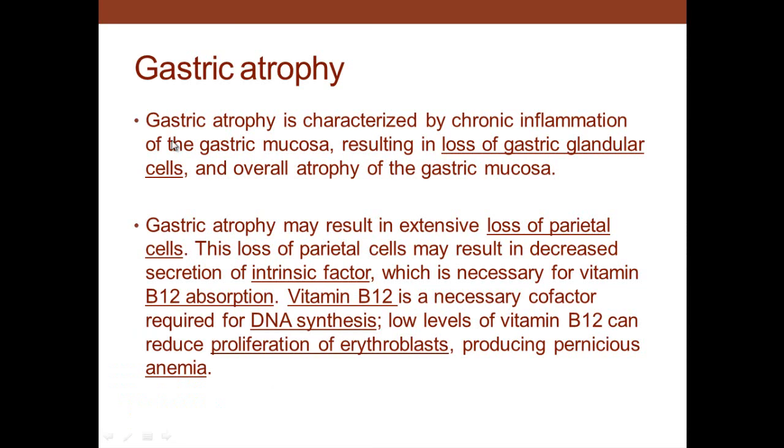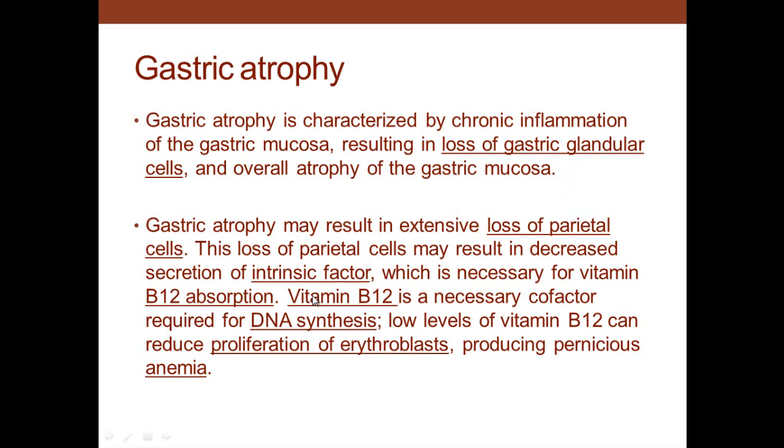However, if you have gastric atrophy, maybe caused by chronic inflammation, you get loss of the gastric glandular cells, and that may lead to loss of parietal cells, hence loss of intrinsic factor. And so you have the lack of vitamin B12 absorption if you don't have intrinsic factor.